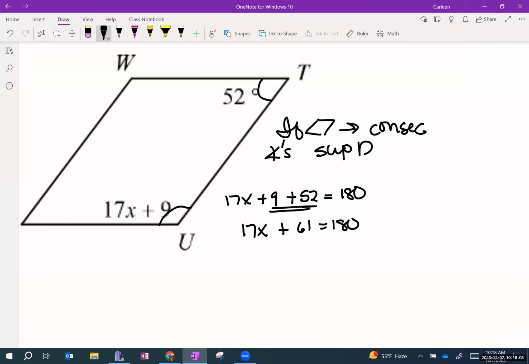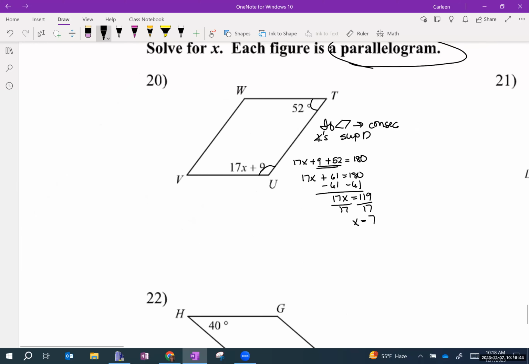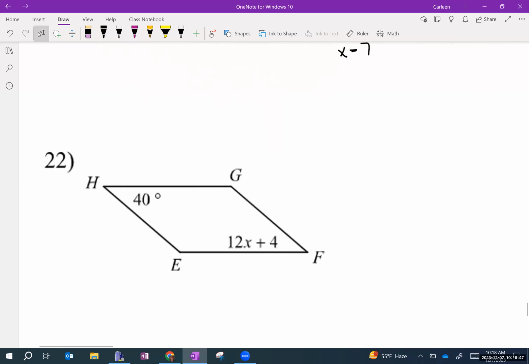Okay, so 180 minus 61 is 119. 17x is equal to 119. Divide by 17. X is equal to 7. Okay, we're going to go to 22, and then we're going to do 21.